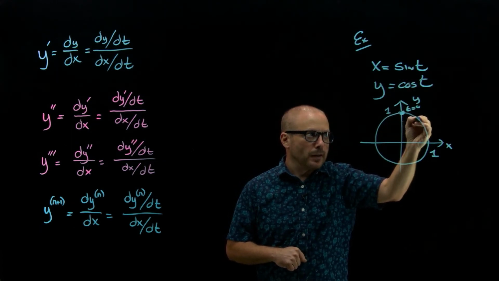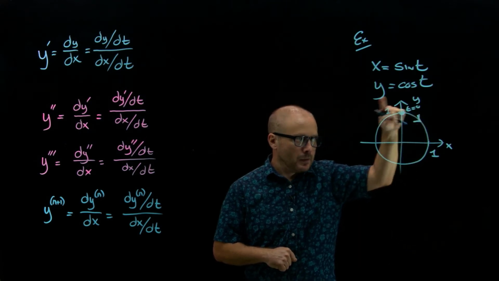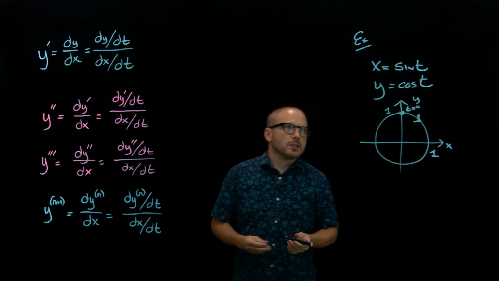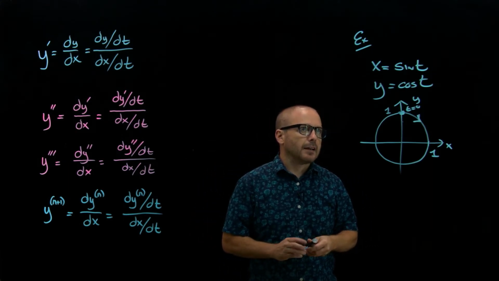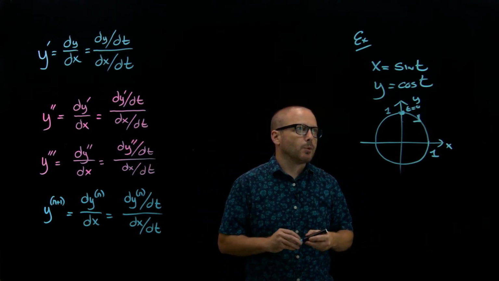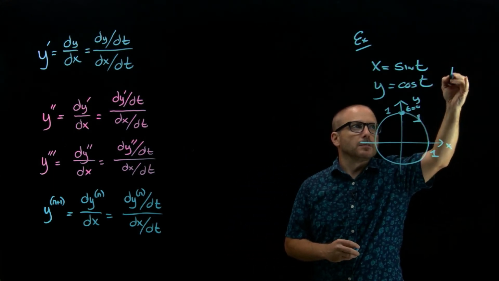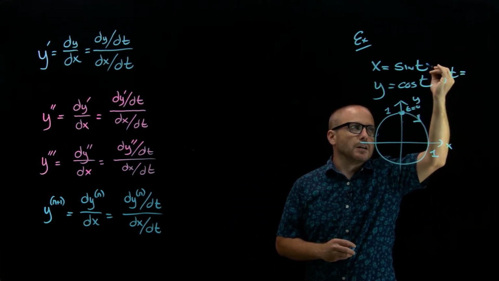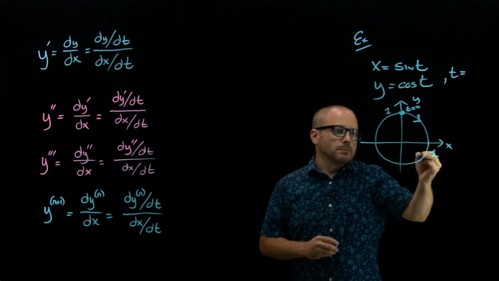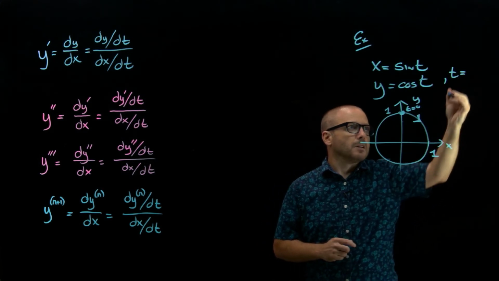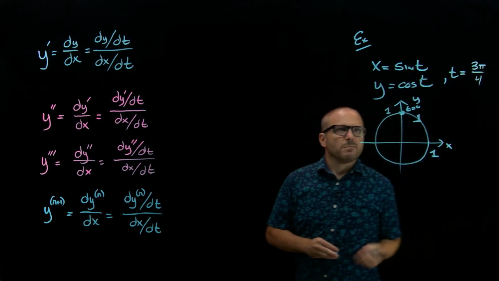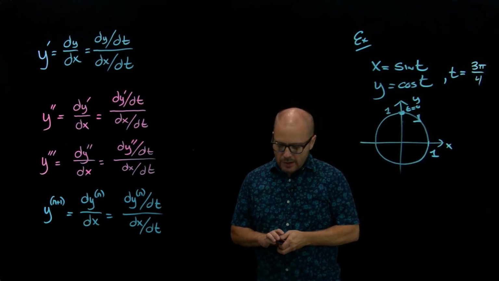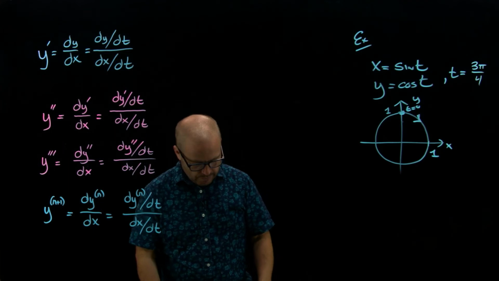So this is the one that goes clockwise. So let's pick a time. Maybe let's do this at a specific point. Maybe we'll let t be, I don't know, say 3 pi over 4.